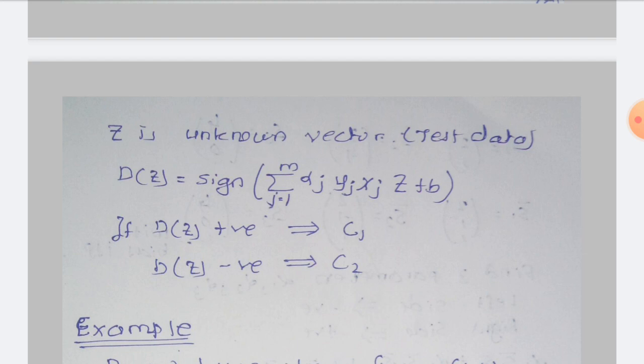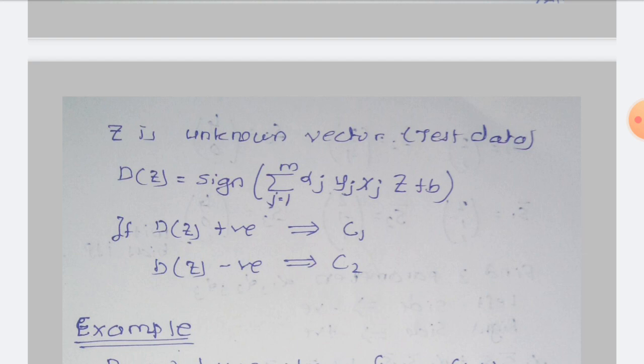Here we are just interested in the sign of d(z), not in the value of this complete term. We are just interested in whether it is positive or negative. If d(z) is positive, we can say that the data point is from class 1, and if it is negative, then it is from class 2.